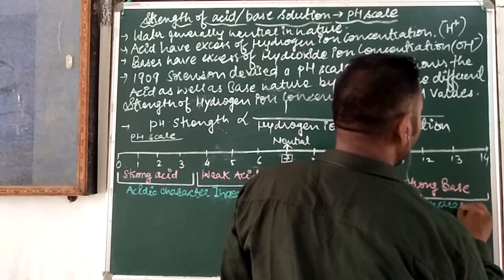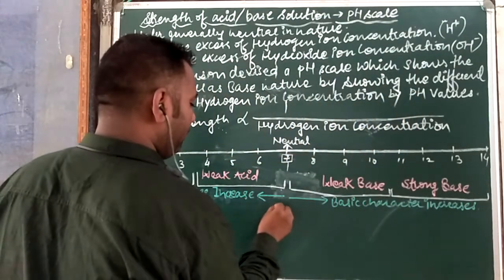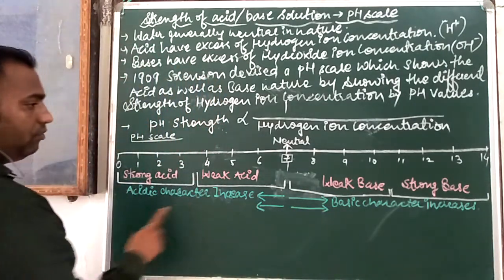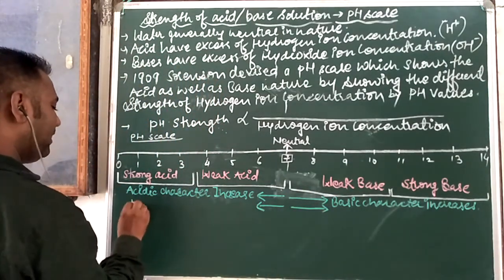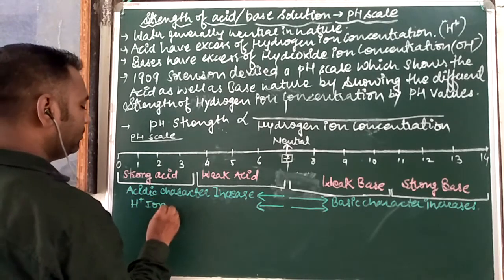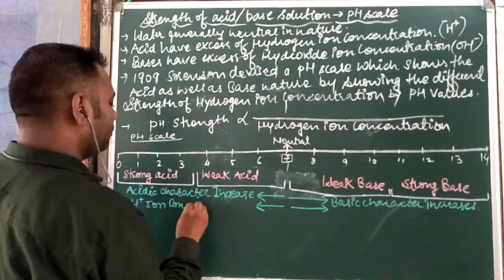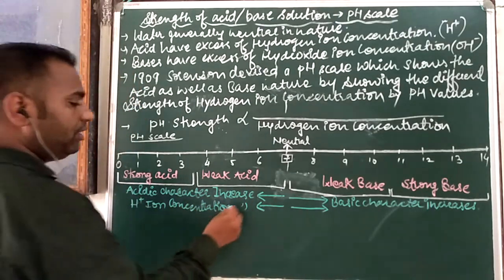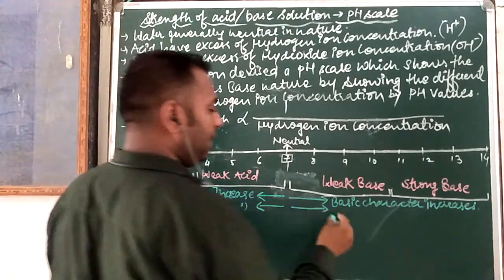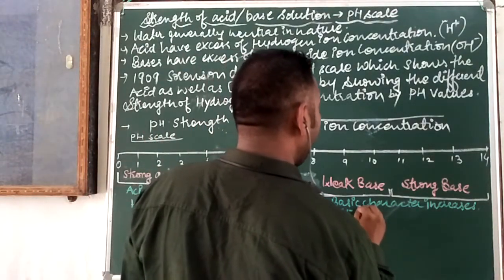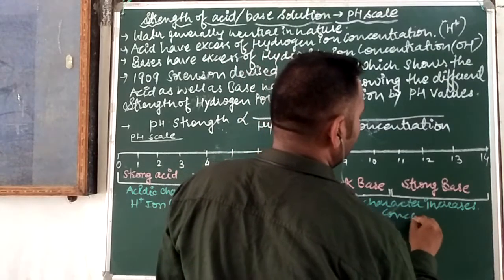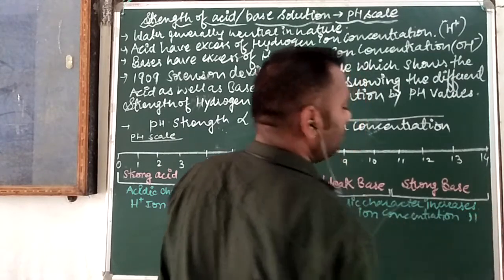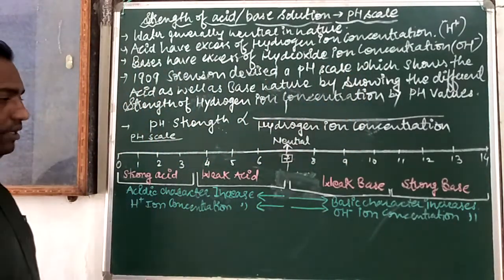When going this way, H plus ion concentration increases, and here OH minus ion concentration increases.